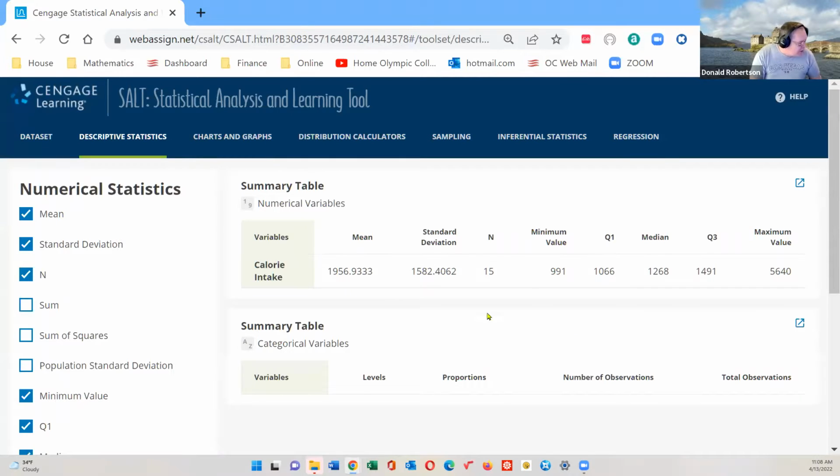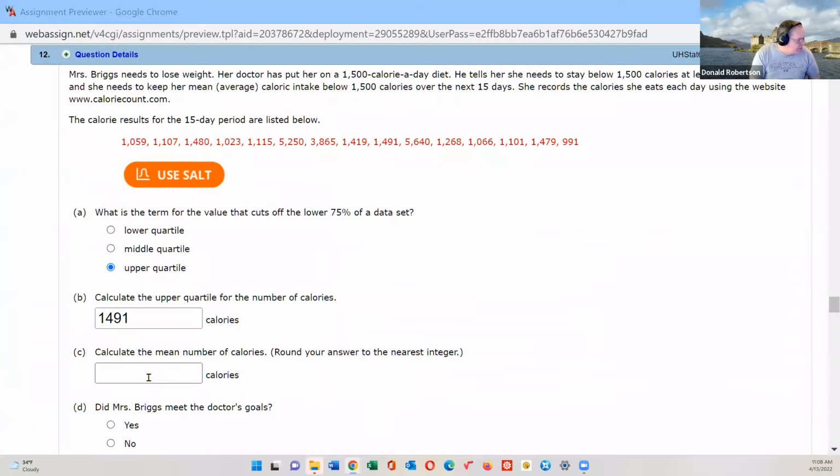And the mean number of calories is, oh dear, 1,956. She didn't keep to her diet, did she? Wasn't the second restriction the average had to be less than 1,500 as well?